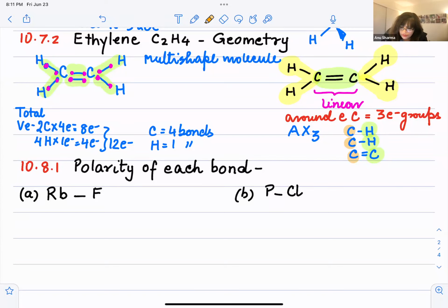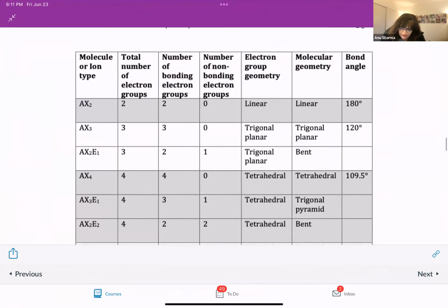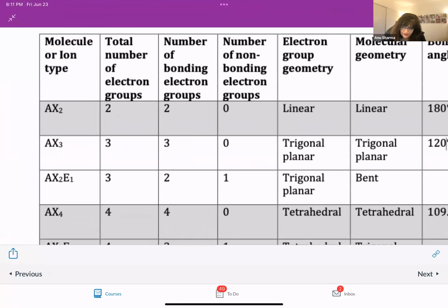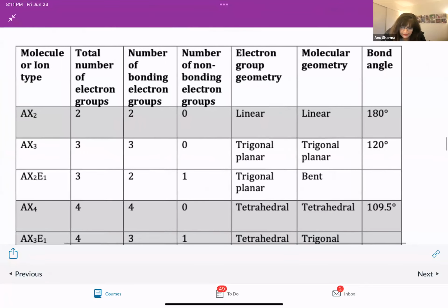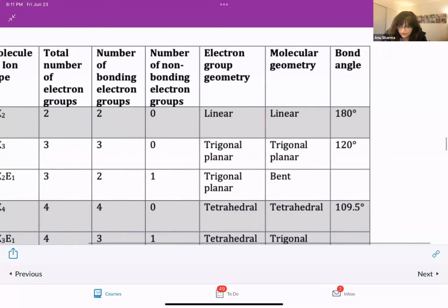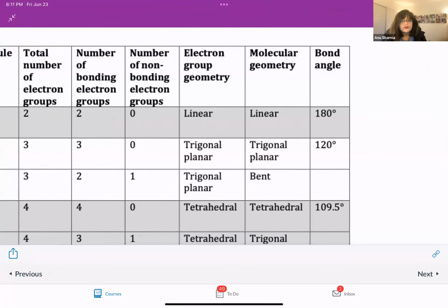Okay, so in this case, we see that it is the AX3 type. AX3 type means the number of electron groups is 3. Bonded electron groups are the bonded atoms. Non-bonding is the lone pairs. So no lone pair. So it's trigonal planar, like flat, 120 degrees.